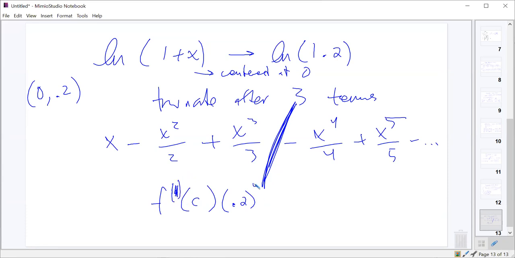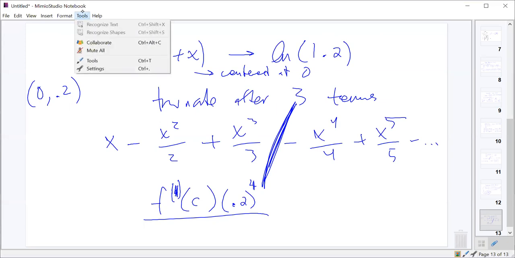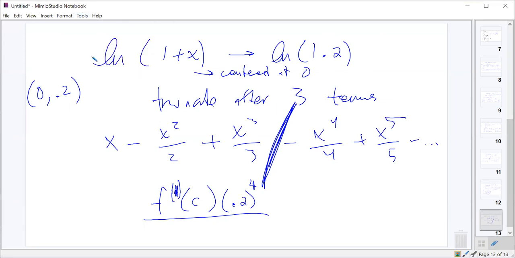So 4th derivative, this is 0.2 to the 4th, and then it should be over our, wow, that looks horrible. Where's my eraser? Sorry, I'm trying to get my toolbar back. It seems to have disappeared again. Come on, toolbar.